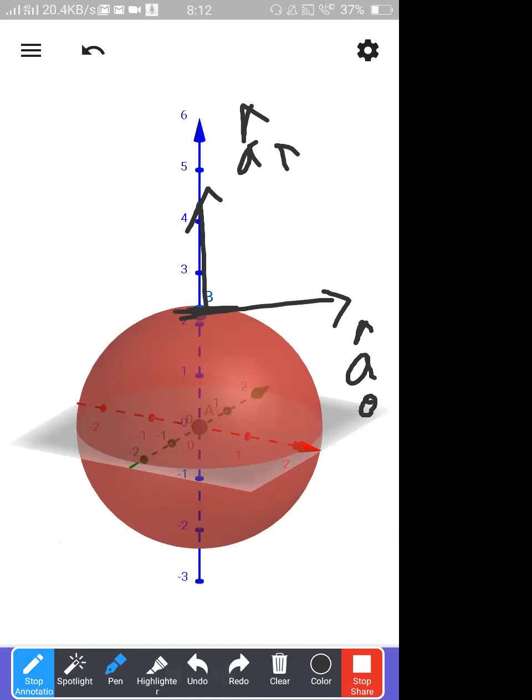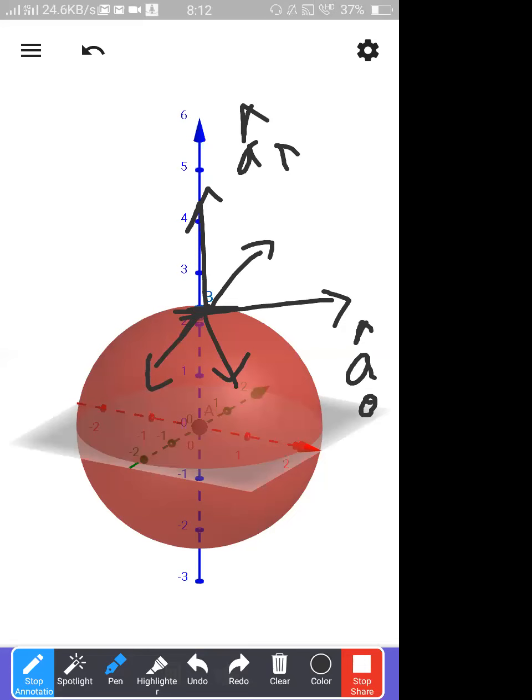One more thing: in this case, a theta can be in any direction, because you have chosen exactly theta at 0 degrees. That is the main problem. Once you choose theta equal to 0 degrees, you can draw the tangential component in any way. That is the nature of a theta in this case.